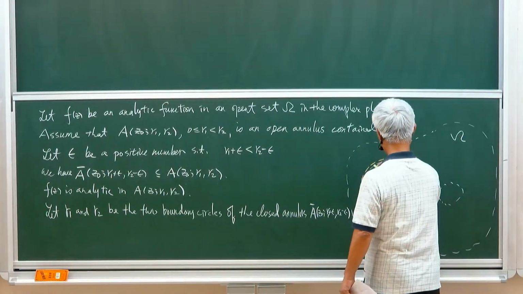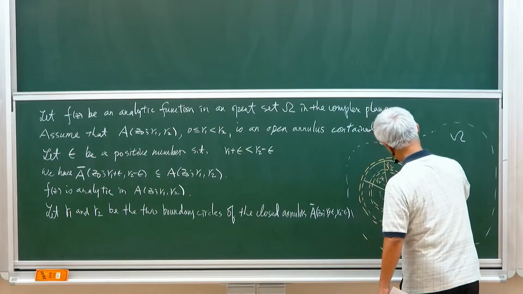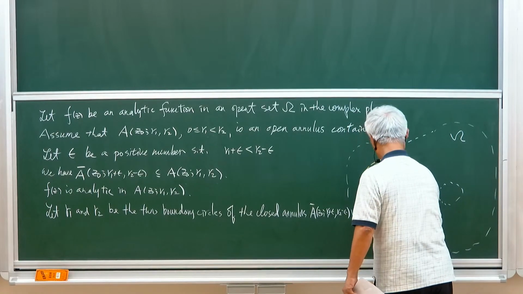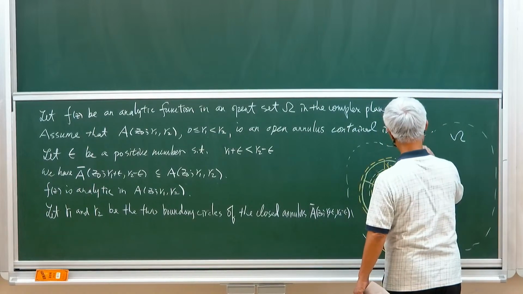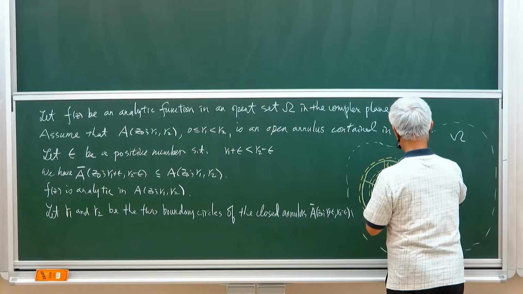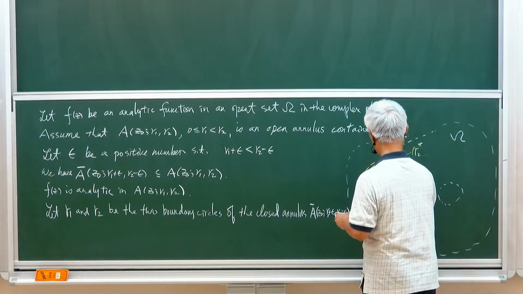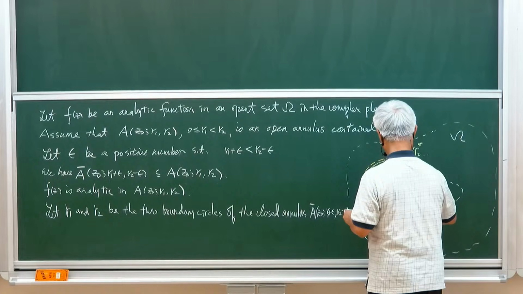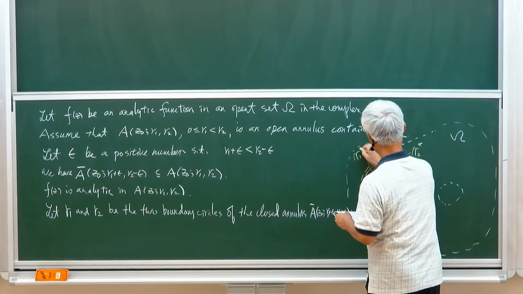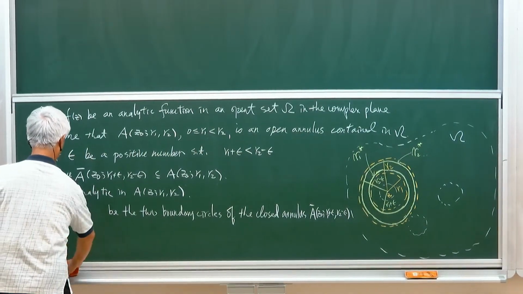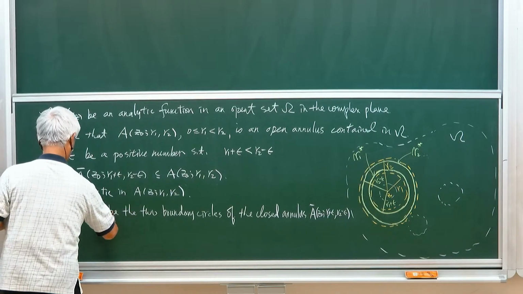So the outer boundary is gamma 2 star, and the inner boundary is gamma 1 star. So gamma 1, gamma 2.